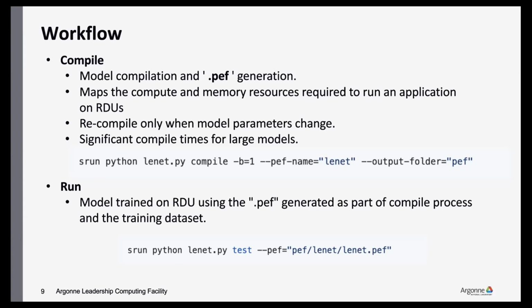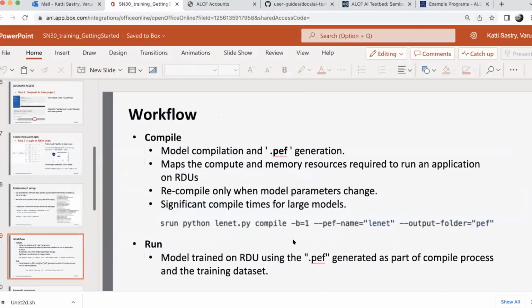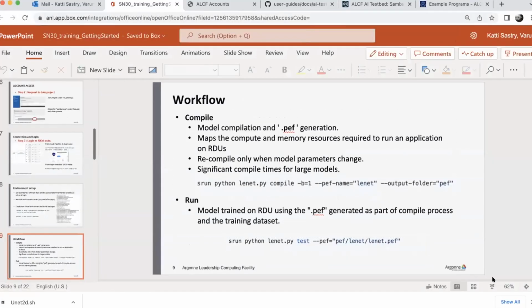As you see in the snippet, the same application file is being passed, but now it uses, I think there is a small typo here, instead of the test, it should be the run command, and you will use the pef file as the input to the command.